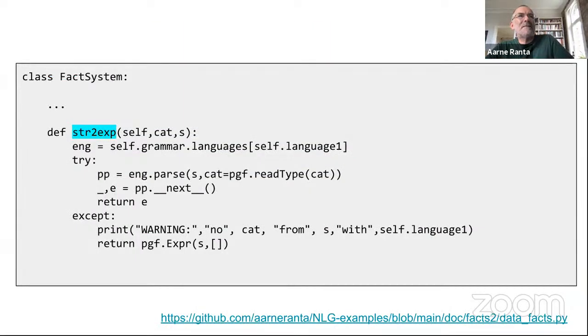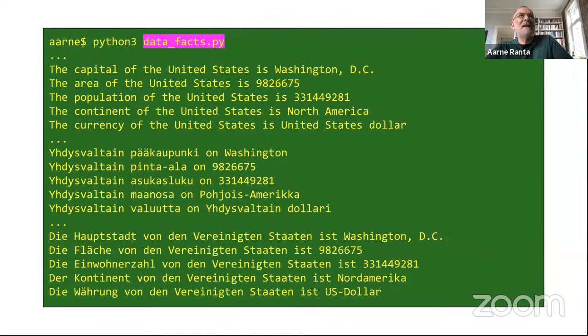So this is a string to X, so it tries to use the parser, and if it fails, it gives you a warning. And here is what you get when you run it. Now it gives nicer and more grammatical language with native names of things.